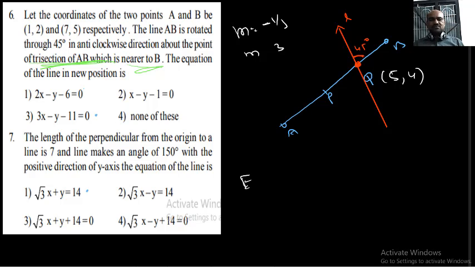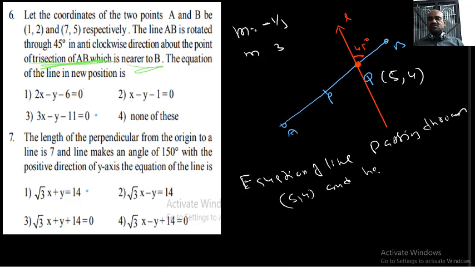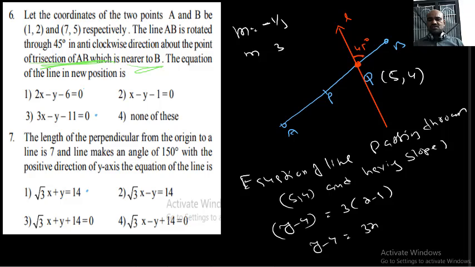Now the equation of a line passing through (5, 4) and having slope 3: y minus 4 equals 3 times (x minus 5). y minus 4 equals 3x minus 15, or 3x minus y minus 11 equals 0.